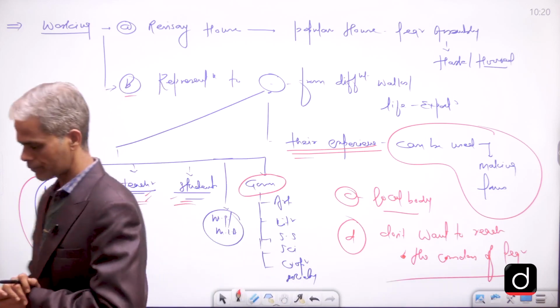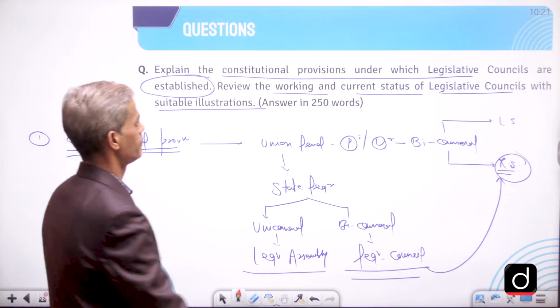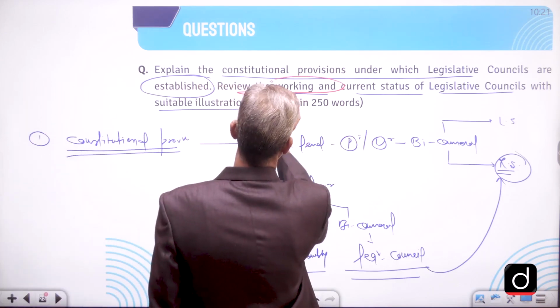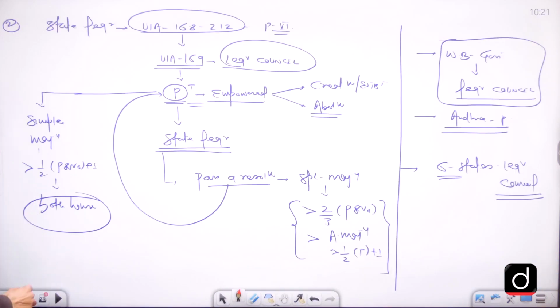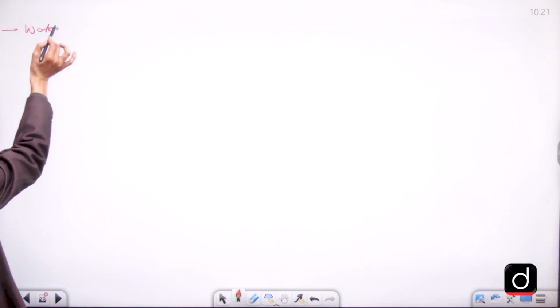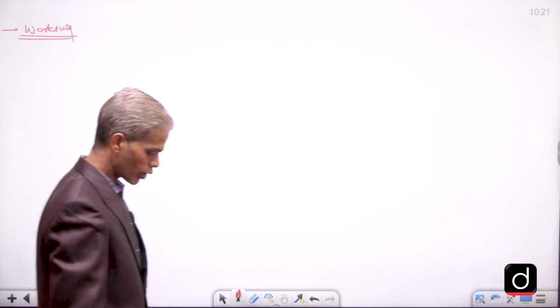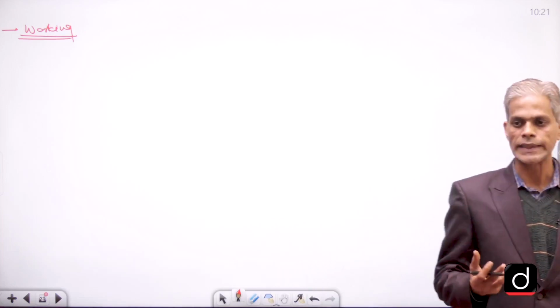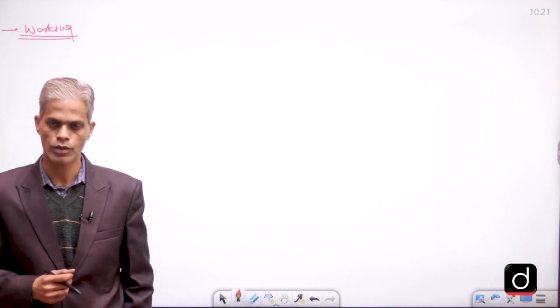The problem is its functioning. So when we talk about this functioning, this is what the question is demanding, that explain the working or review the working and the current status. As far as the working is concerned, when we talk about the passage of various legislation or bills, then at the union level, Rajya Sabha has some special powers also. Article 61, Article 249, Article 312, these are special powers of Rajya Sabha.